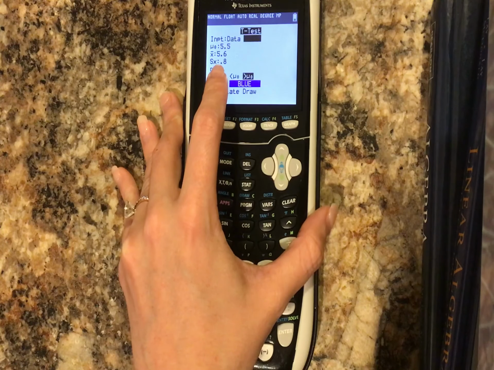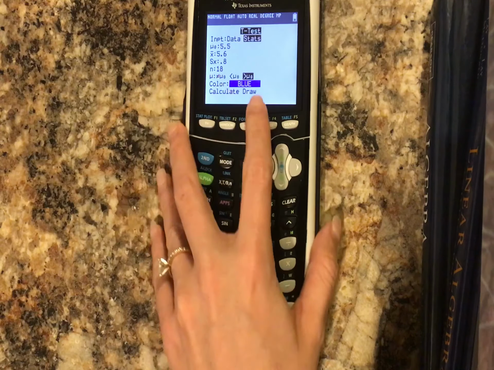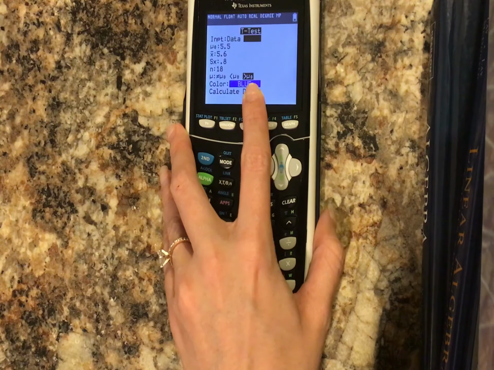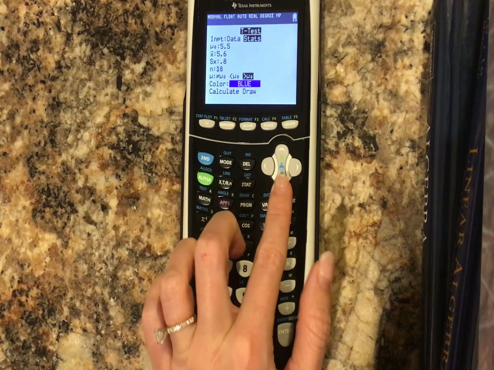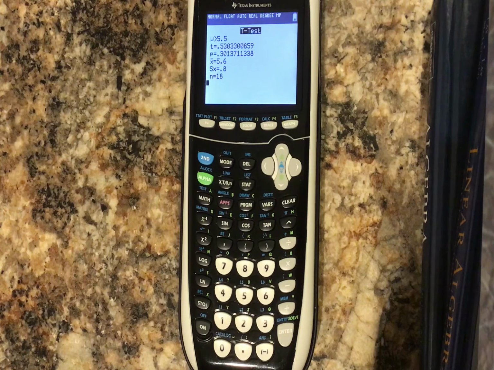The standard deviation of that sample was 0.8. There were 18 engines in this sample. We already said that our alternative hypothesis was a greater than. And then we're going to go ahead and calculate. And it's going to give you all of this information.